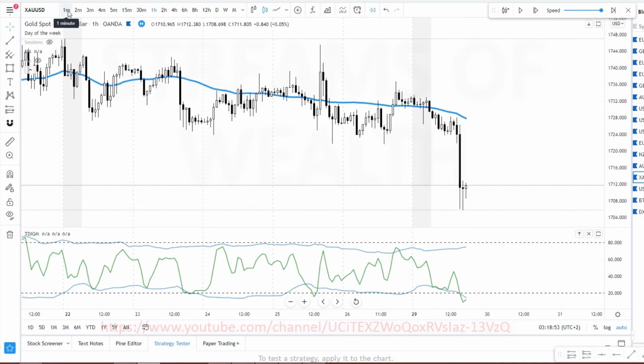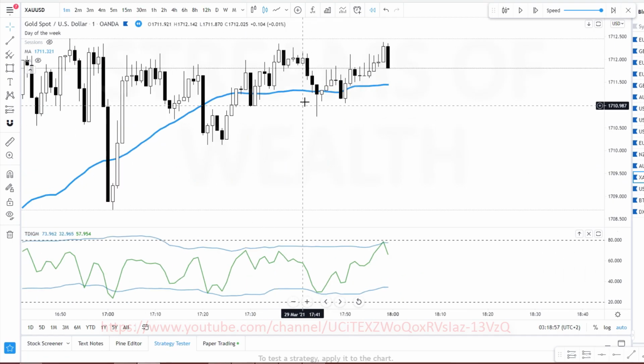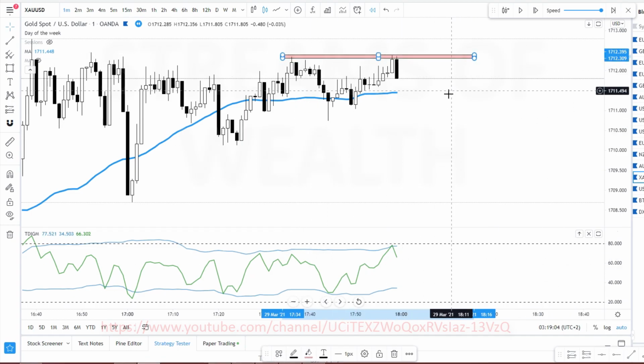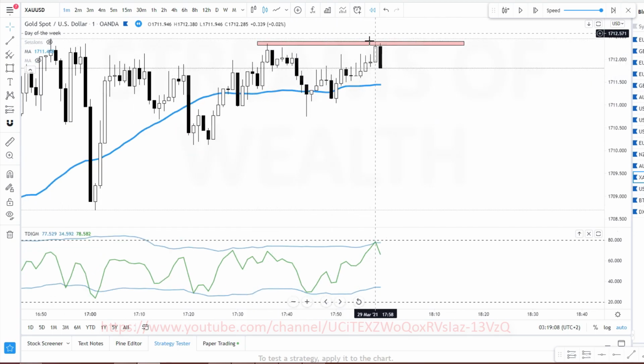So now we go on 1 minute, we see that the price is above 50 moving average, and we also need to see a break of this latest structure. So this is the latest structure, this is the latest resistance area where the price is reacting. I want it to be broken on 1 minute. That is another confirmation.